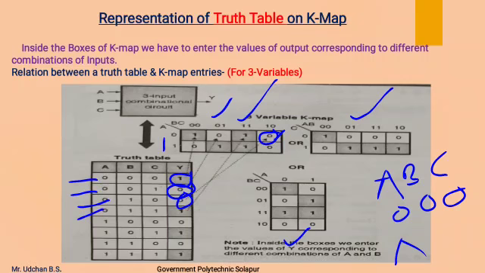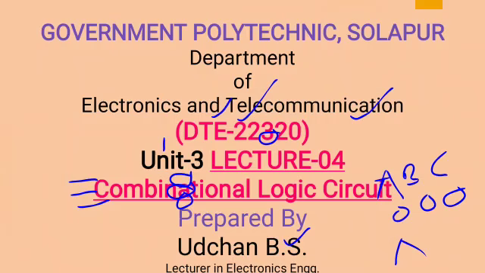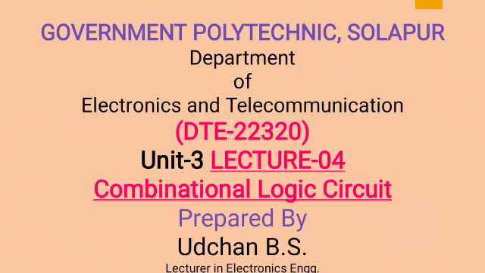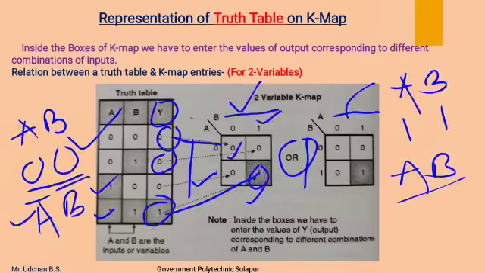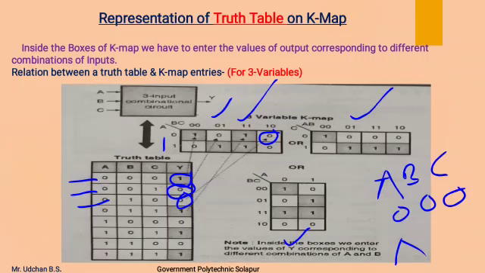Again, the next combination of input is 0, 1, 1. So the position of 0, 1, 1 is over here, therefore the fourth one is entered into this cell. Similarly, we can enter the remaining 4 entries into the remaining cells of the Kmap.